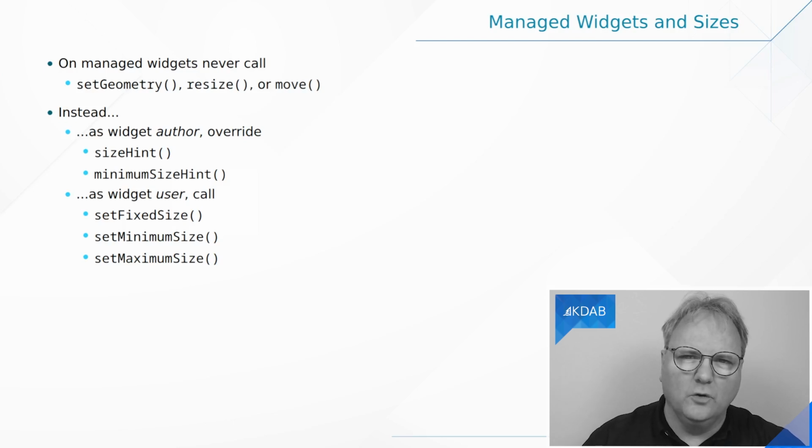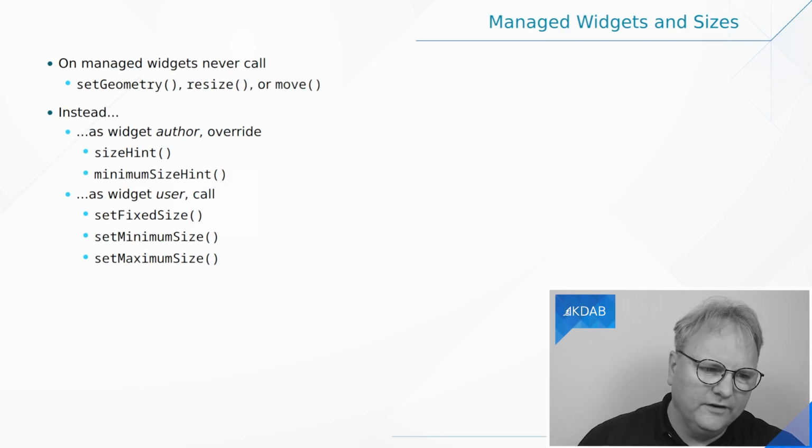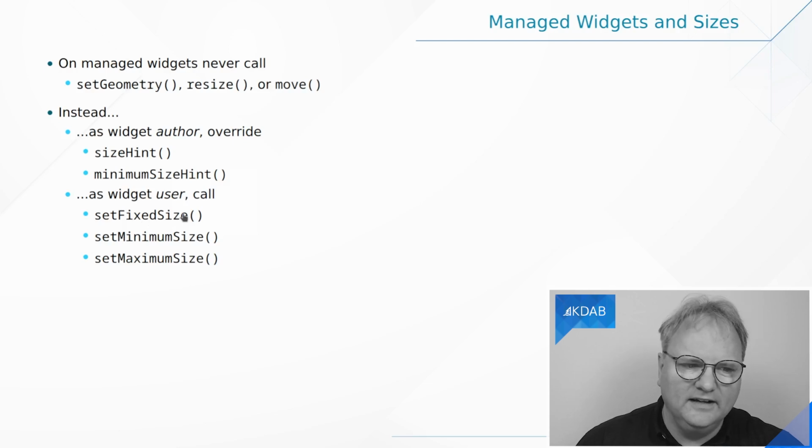You cannot call sizeHint and minimumSizeHint from outside because they are virtual methods that you can override. But if you're on the outside and just want to tweak a bit, say you have a label that you want to be a certain width so that there's some space in it, then you can call one of these three methods: setFixedSize, setMinimumSize, setMaximumSize, and there's even the same version with width and height, so setFixedWidth, setFixedHeight, and so on.